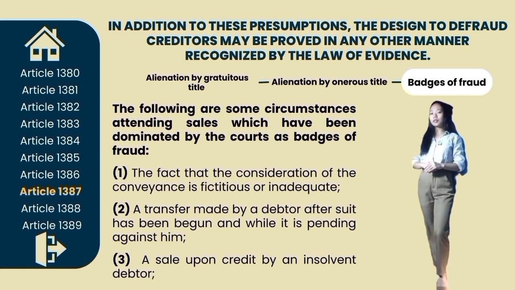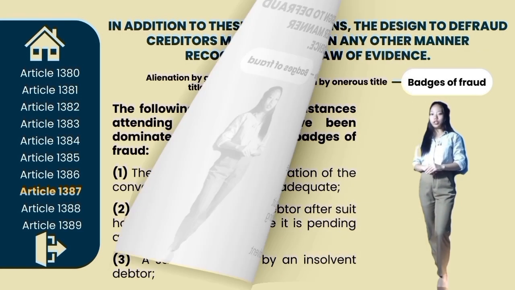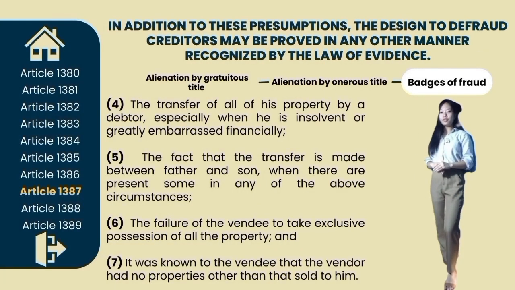First, the fact that the consideration of the conveyance is fictitious or is inadequate. Second, a transfer made by a debtor after suit has been begun and while it is pending against him. Third, a sale upon credit by an insolvent debtor. Fourth, evidence of large indebtedness or complete insolvency.